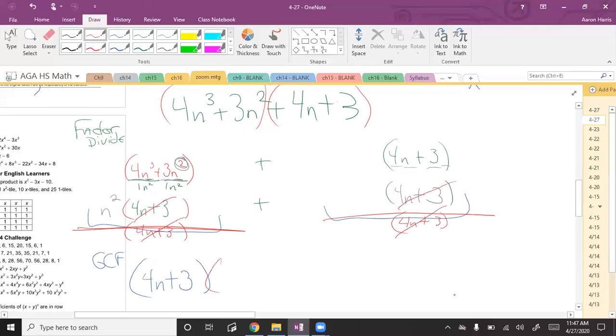So now, what's left on the left side? N squared. Bring down the plus. What's 4n plus 3 divided by 4n plus 3?